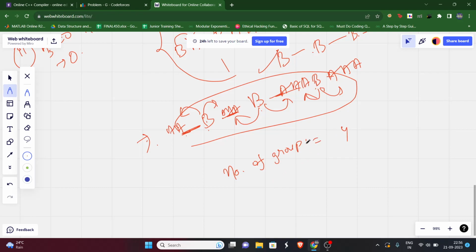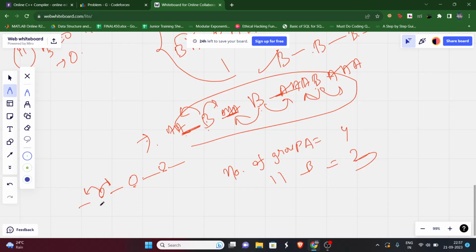Then the number of B's will always be less than that, so it will be... sorry, my bad, it will be 3, because for each of the vacant places we will have one B. There are 4 groups, so there are 3 gaps in between. Now for each gap, we know we can either go left or we can go right.